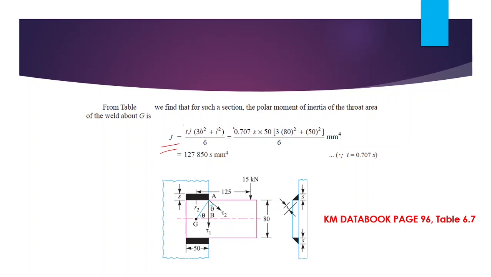Then we substitute the value of T is equal to 0.707 S into L is equal to 50 into 3B square plus 50 square, divided by 6 mm raised to 4, and that value is equal to 127,850 S mm raised to 4.